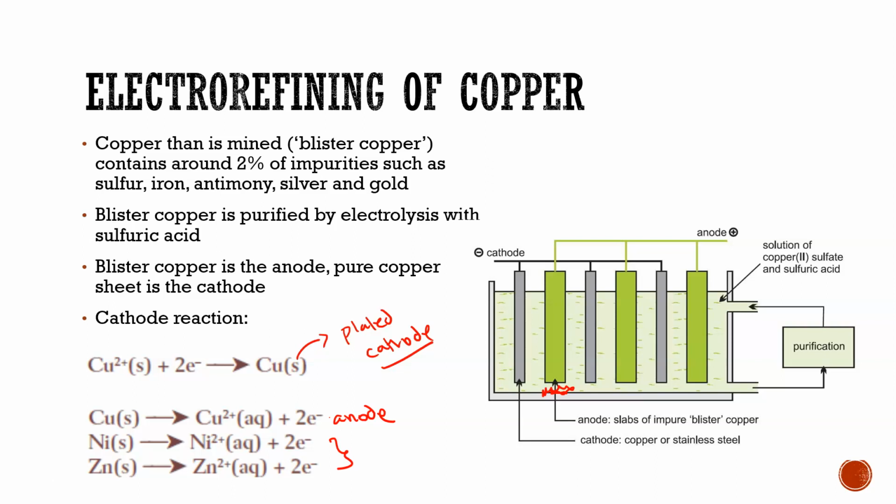So the ions that are more reactive than copper are also oxidized, but they stay in solution. Copper is preferentially reduced at the cathode, and the ones that are less reactive than copper, gold and silver, form a slurry at the bottom of the cell.